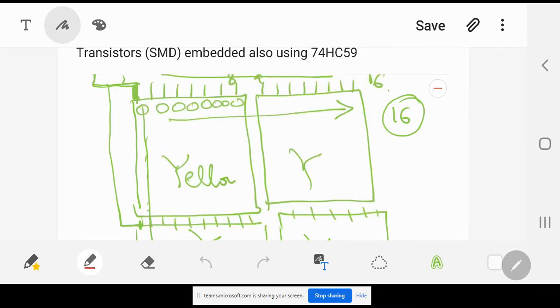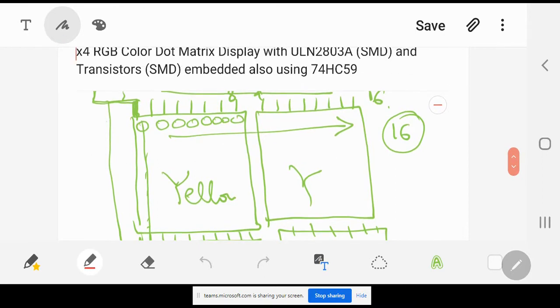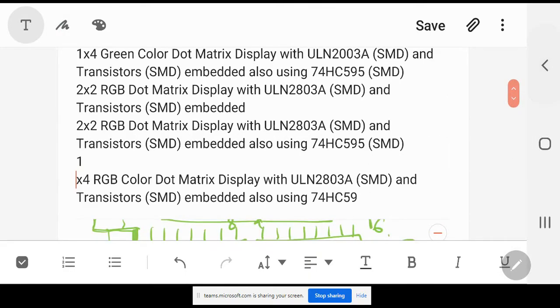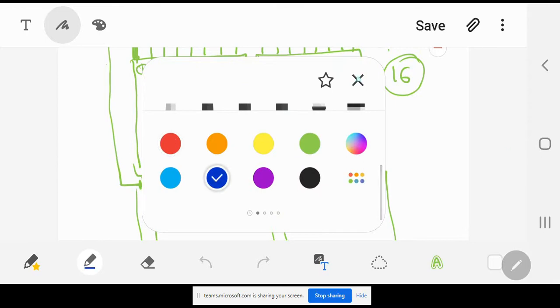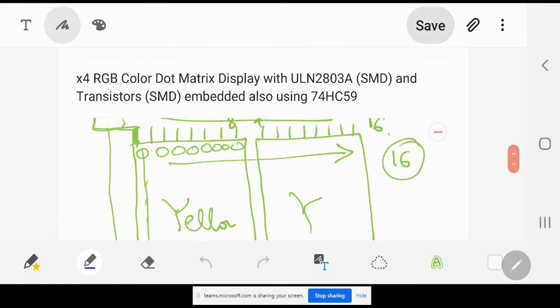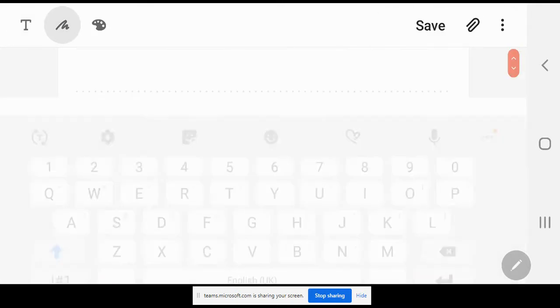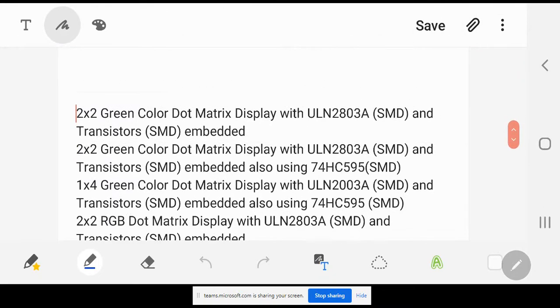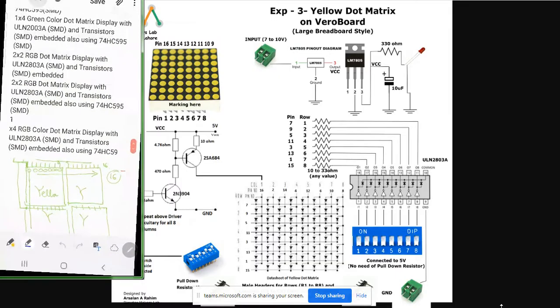When I am using this one, it's not working. Wait a second.